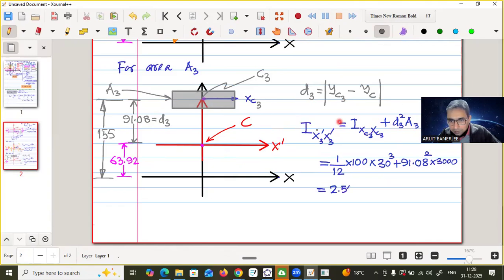2.51 into 10 to the power 7 millimeter to the power 4. So individually we have got the values. Last thing, please answer: what is this?